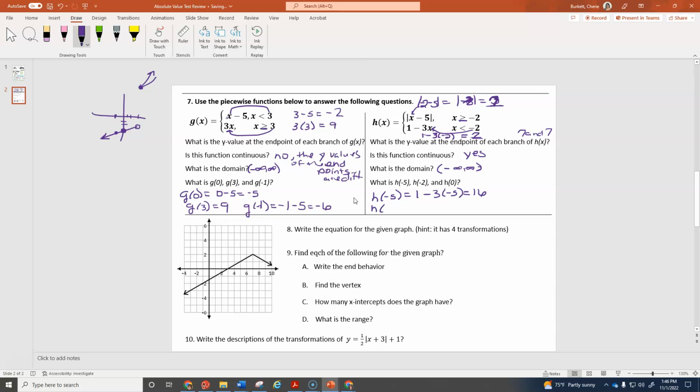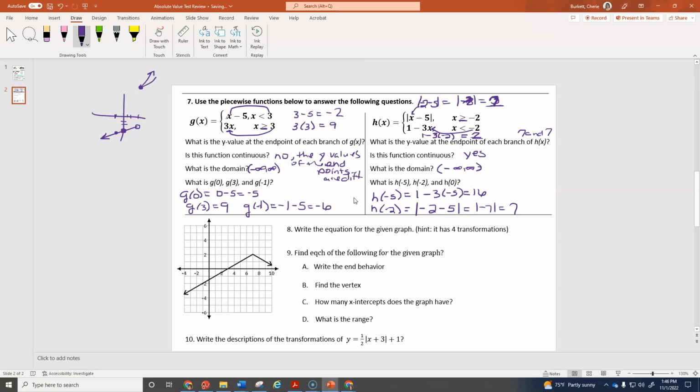And then h of negative 2. Find out where the negative 2 goes. There's the bar, so it goes in the top one. So it's the absolute value of negative 2 minus 5. We did that one a while ago when we plugged in negative 2. We got the absolute value of negative 7.